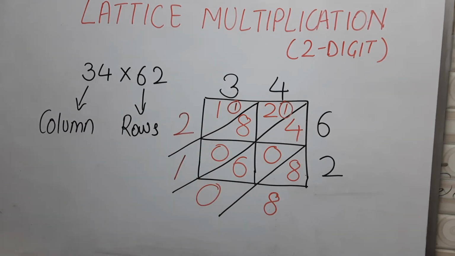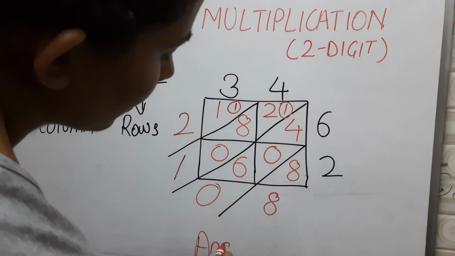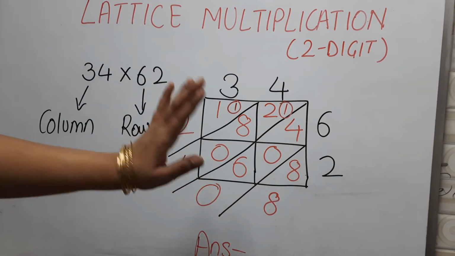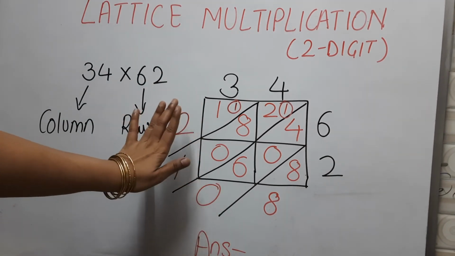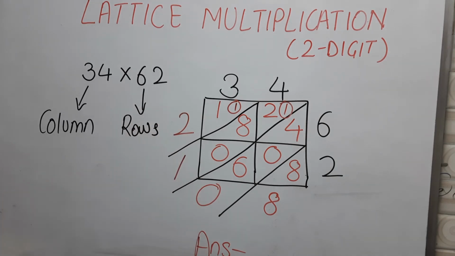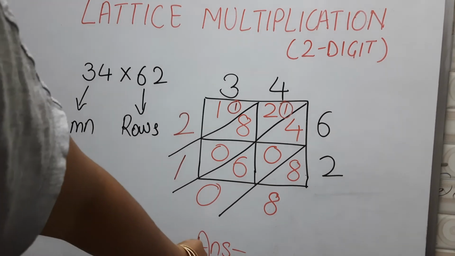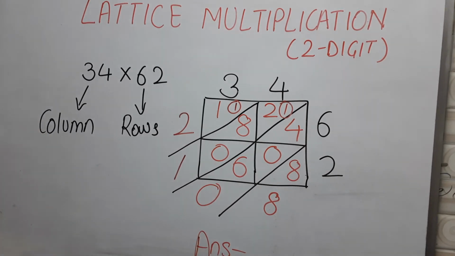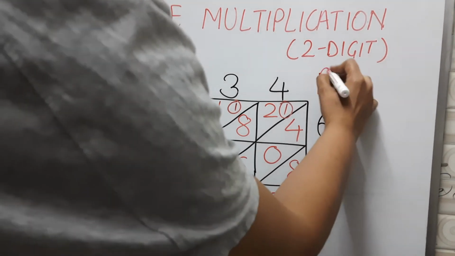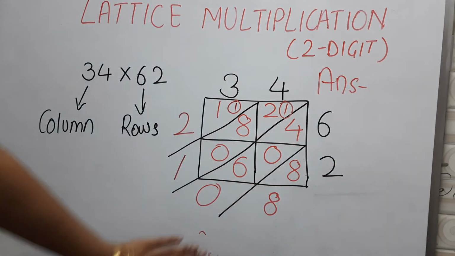Now for the final answer. As of now it is not yet completed because the examiner doesn't know what the answer is according to you. So you have to write the final answer. So final answer I'll write over here. I think it is not visible over there.